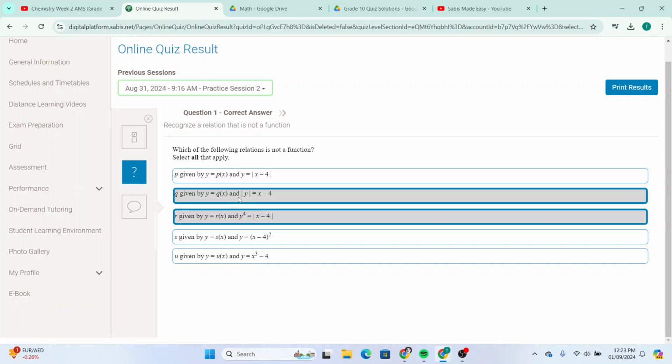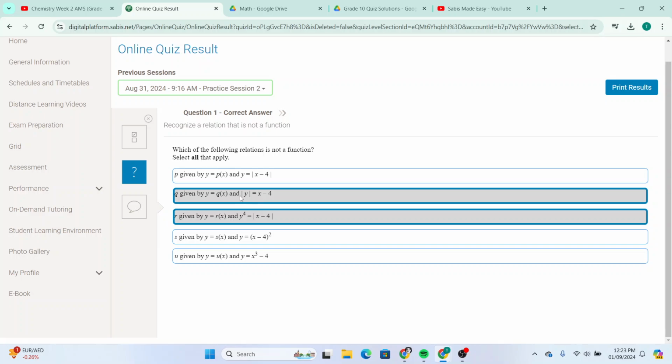Now q given by y equals q of x, and the absolute value of y is equal to x minus 4. Now here y could have two values. For example, if this gives you 5 or negative 5, then the y value would be 5.